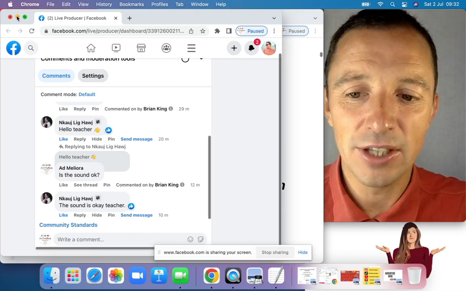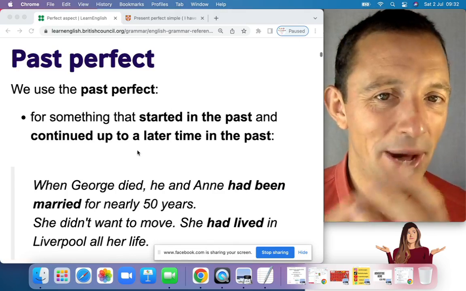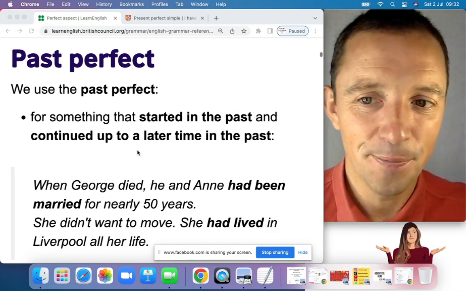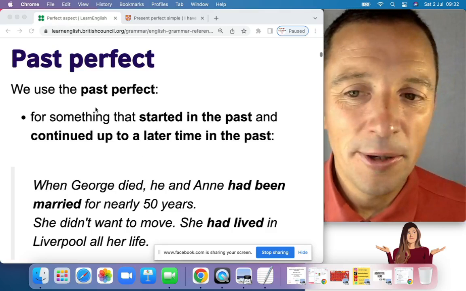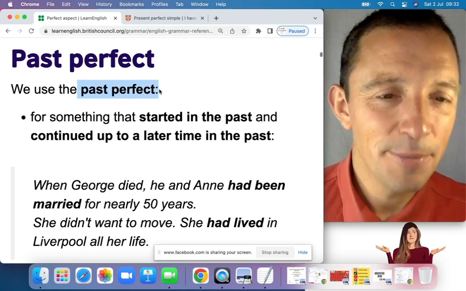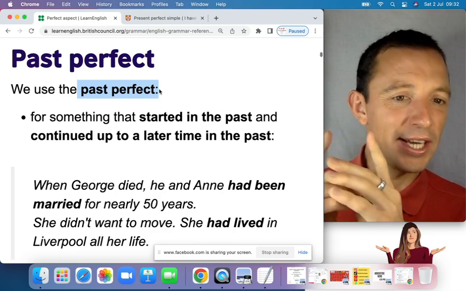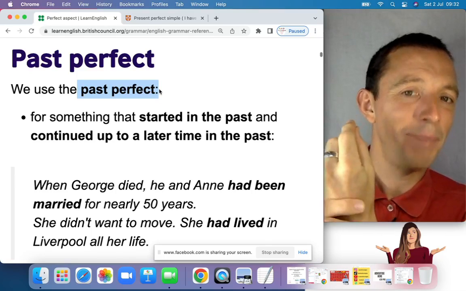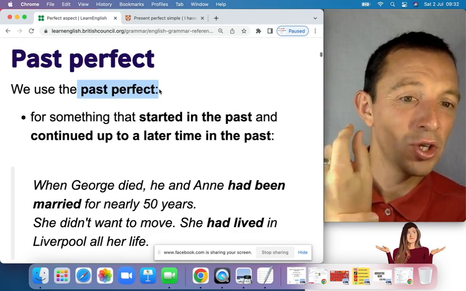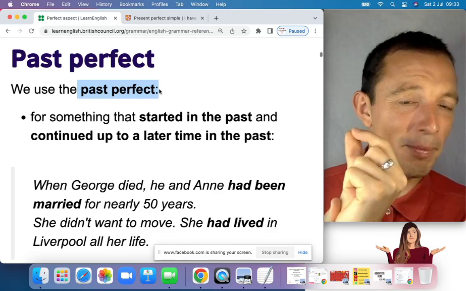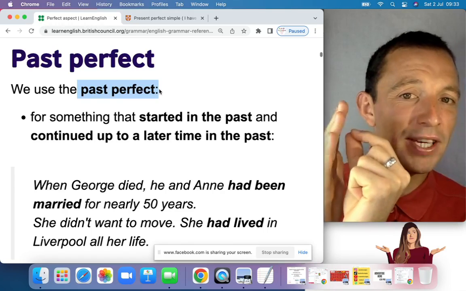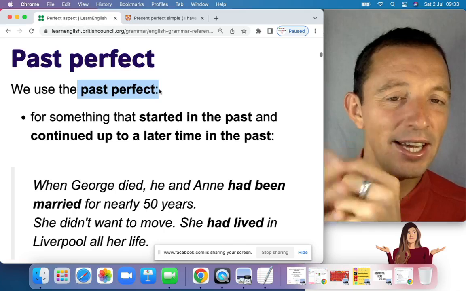Okay, great. So let's continue to the past perfect. We use the past perfect. Remember, the past perfect is looking into the past from the perspective of the past. So already you are in the position of the past and you want to describe the other action in the past.